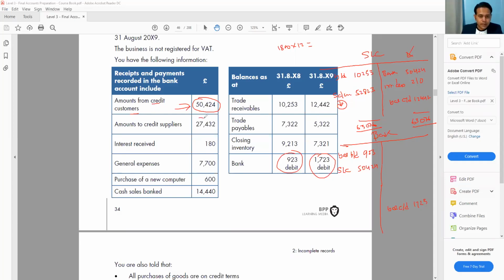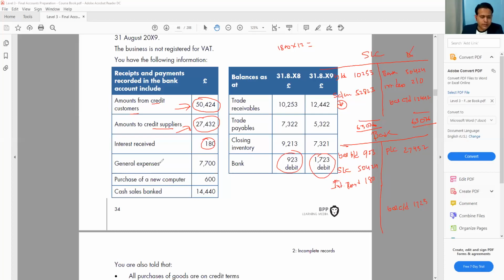Then we paid something to the supplier, 27,432, so we say purchase ledger control 27,432. This one we paid, so that's why it's on the credit side. Interest received is income, so I'm writing on the debit side. Because I received the money, the balance will go up.